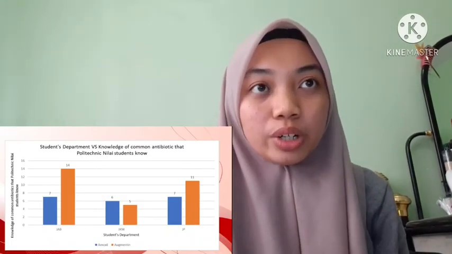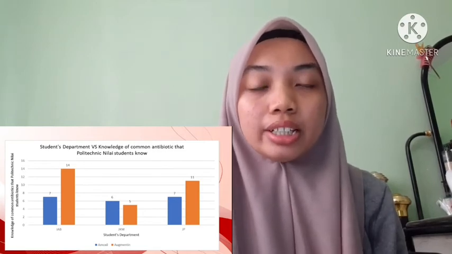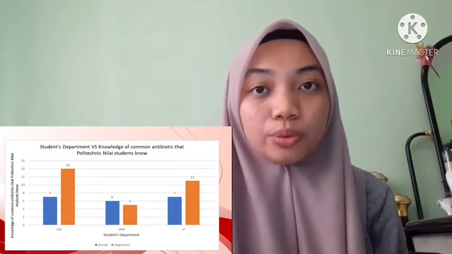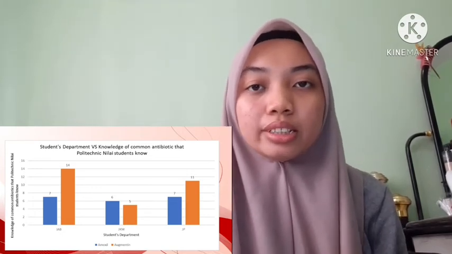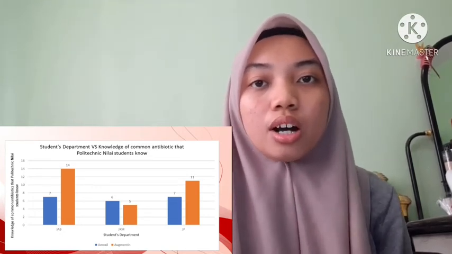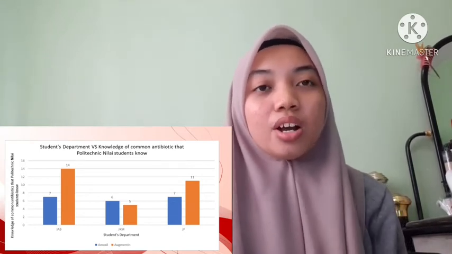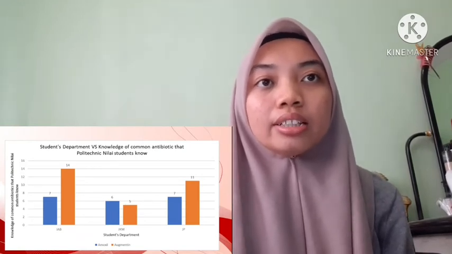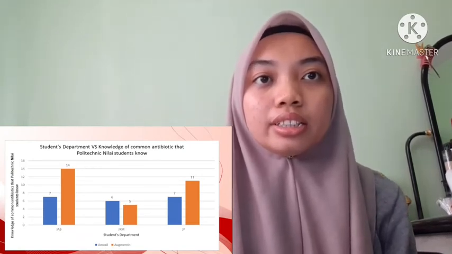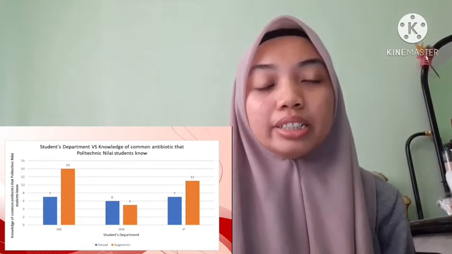Okay, for the next one, we're going to talk about the knowledge of common antibiotics that Polytechnic Nilai students know. For this question, we have two options, whether amoxicillin or augmentin. You can see that we divided the graph following the department.